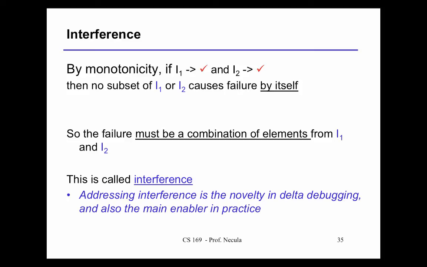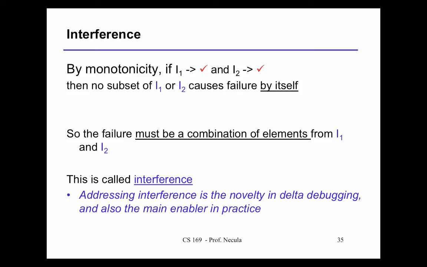Because if there was, by monotonicity, the whole I1 would still fail. And there's no subset of I2 that fails. It means that the subset that fails in I1 plus I2 must be partly in I1, partly in I2. So the failure must be a combination of elements from I1 and I2. You get this from monotonicity.